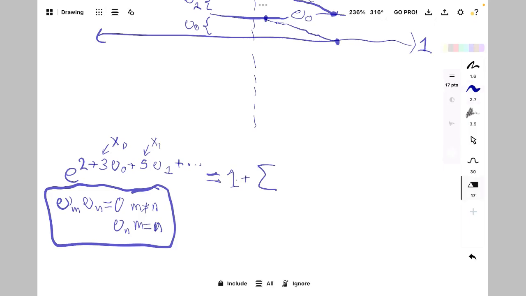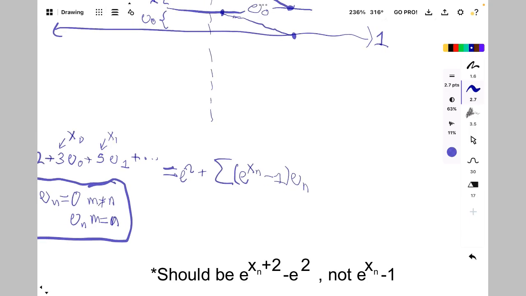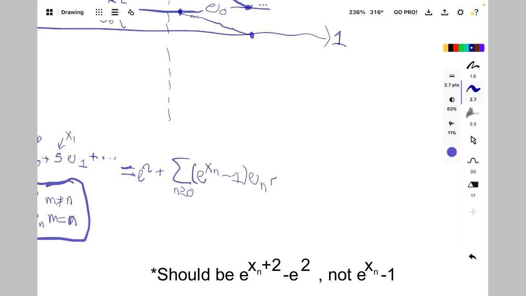And actually that should be e squared from this 2. And then after that, we can do e to the x_n minus 1, tell n, and that is n greater than or equal to 0, and obviously the SU notation.